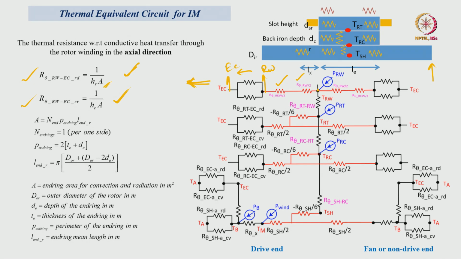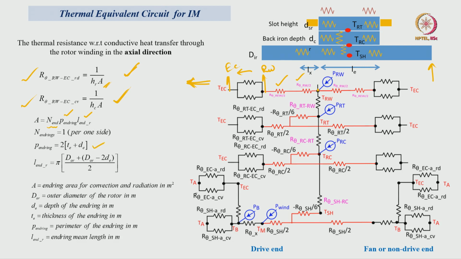So, here the area with respect to the rotor winding we have to calculate in this fashion: area is equal to the number of rotor end coils into perimeter of the coil into length of the coil.